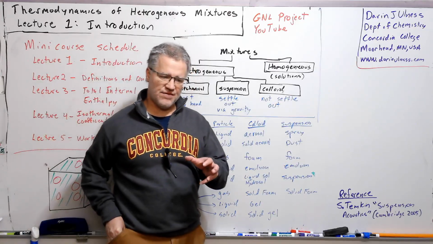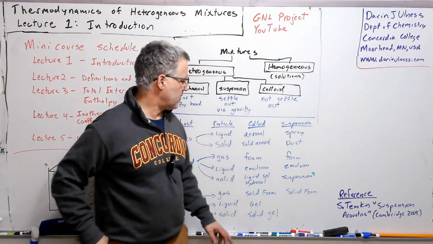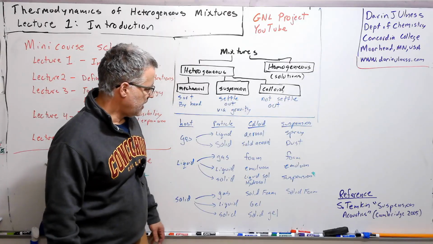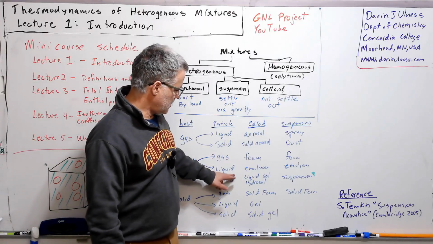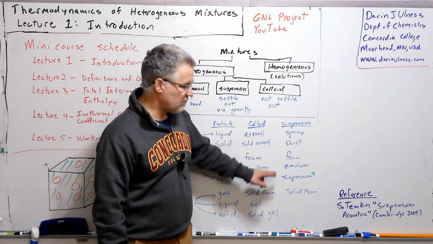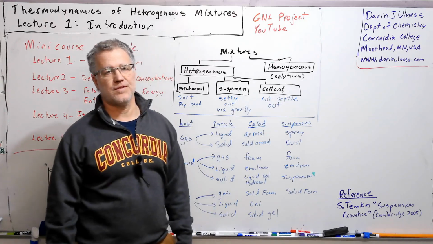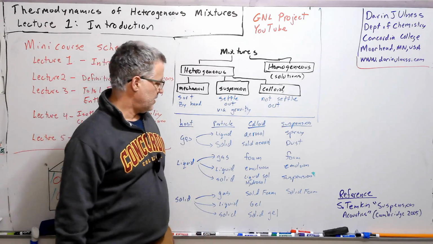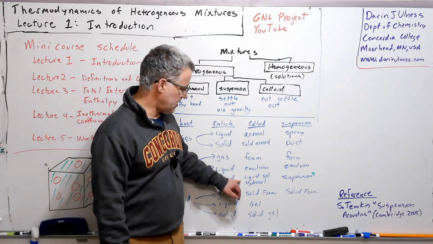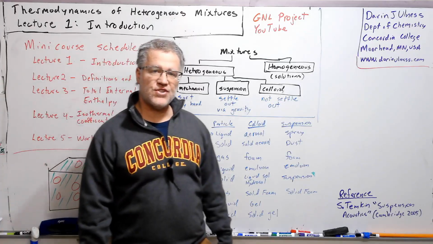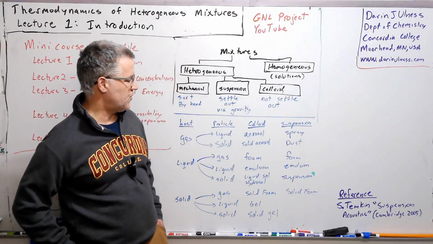It's just the size of the foam, the gas parts inside that foam are bigger in the suspension, and it'll eventually separate out. Liquid, we call emulsions. The salad dressing I said was an emulsion that's separating, but the milk is also an emulsion that isn't separating. Then the solid, we call that a liquid sol. If water is the liquid, then sometimes it's called a hydrosol.